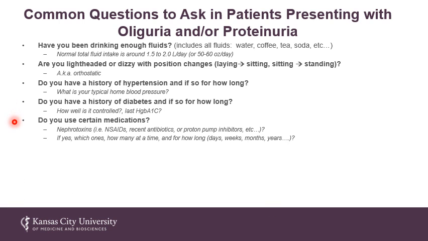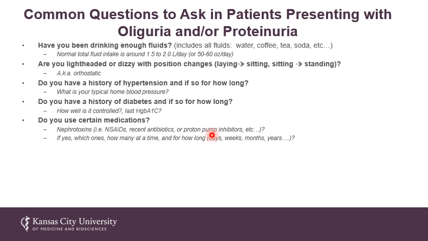Are you using certain medicines that can affect the kidneys? So what we call nephrotoxins. Examples would be NSAIDs, aspirin, ibuprofen, Motrin, Aleve, Excedrin, so on, Mobic, meloxicam, Celebrex, ketorolac. Are you taking any antibiotics, or have you recently taken any antibiotics? Are you taking a proton pump inhibitor? Very common in people with GERD.